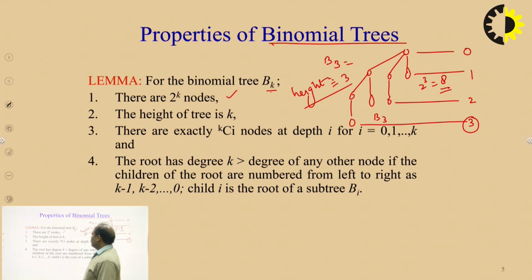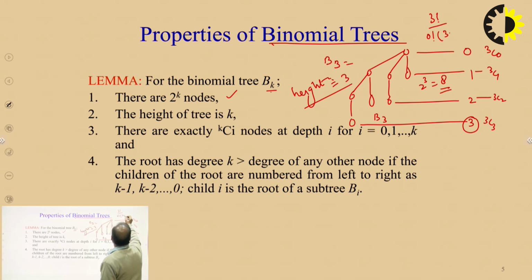And next, there are exactly kCi nodes at depth i. So if you look here, 3C0, 3C1 nodes, 3C2 nodes and 3C3 nodes. At depth i, you have here 3C0, which is 3 factorial divided by 0 factorial and 3 minus 0 factorial, which is 1.